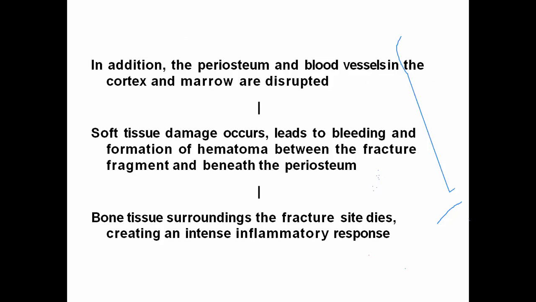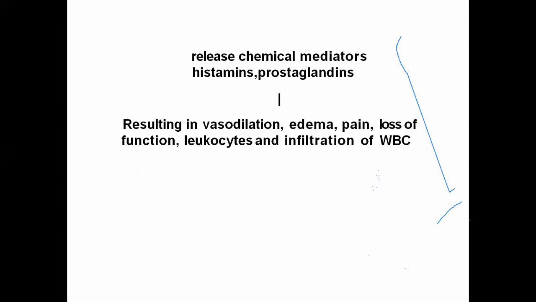The bony tissue surrounding the fracture site starts dying and creates an intense inflammatory response. This releases chemical mediators like histamine, prostaglandins, and interleukins, resulting in massive vasodilatation. With vasodilatation there will be edema, pain, loss of function, and infiltration of WBC. This is the pathophysiology of fractures.